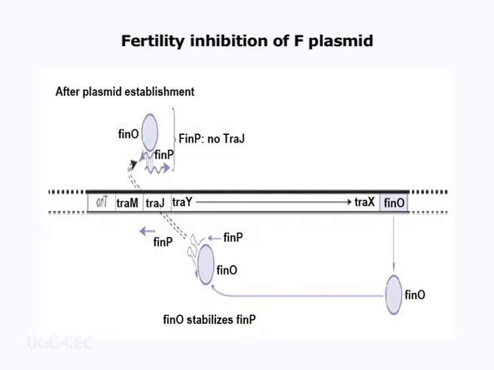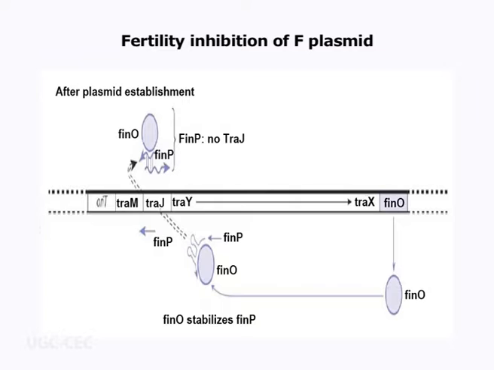When FinP mRNA and FinO protein are synthesized, FinO will come and stabilize the complex between TraJ and FinP mRNA. So, if TraJ mRNA is blocked along with FinP, it won't participate in translation and there will be no synthesis of TraJ protein, which is the transcriptional activator. If it is not synthesized, then the TraY to TraX genes are not getting expressed.